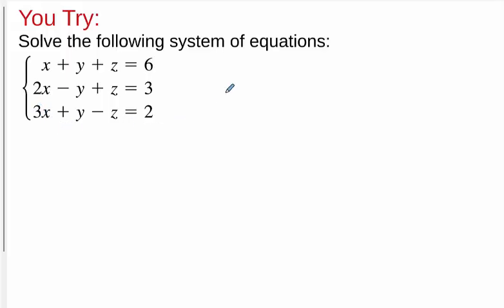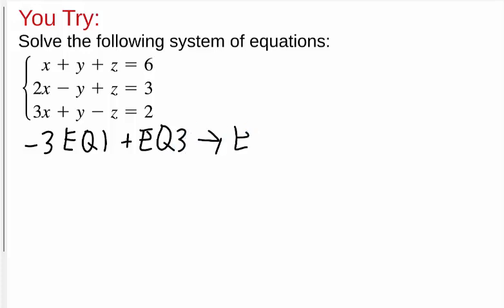It's not worth it. It's better to just multiply one equation. So let's do this. We're going to say -3 times equation 1. We're going to add that to equation 3. And we're going to replace equation 3.